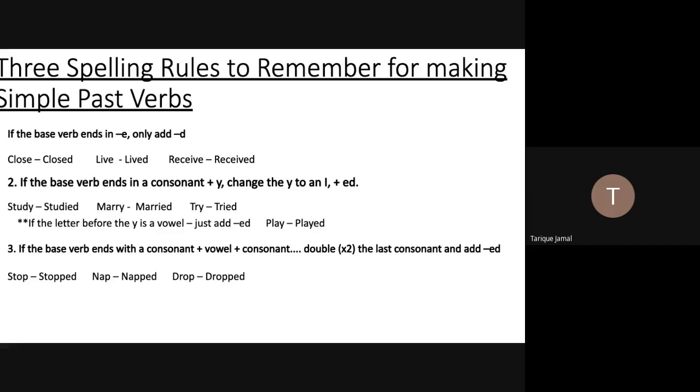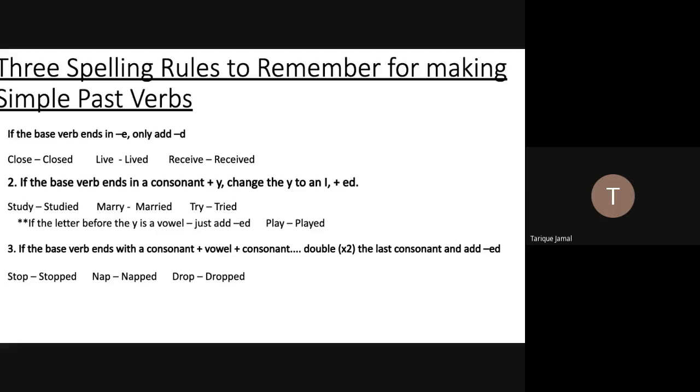And now the last one: if the base verb ends with a consonant plus vowel plus consonant, double, which means twice, the last consonant and add ed. So what are we going to do here now? Look at the example, stop, S-T-O-P.